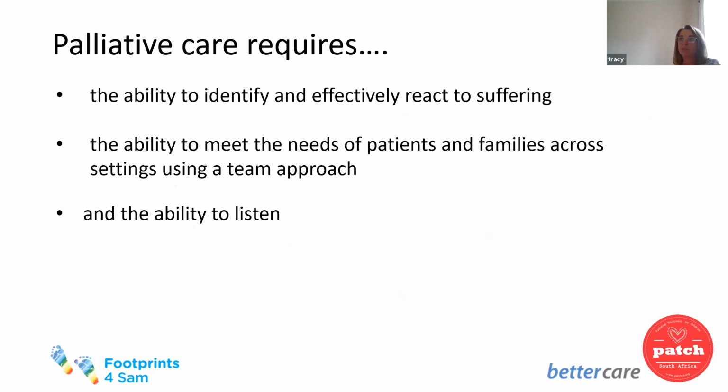And that word came up right in the beginning when we said, what is the word palliate? It also is the ability to meet the needs of patients and families across settings using a team approach, and the ability to listen. And when you look at what palliative requires, we see that these come from both the affective domain and the cognitive domain.